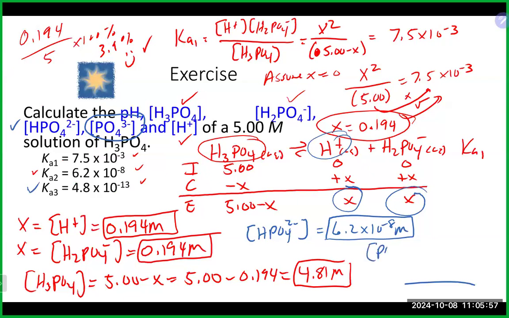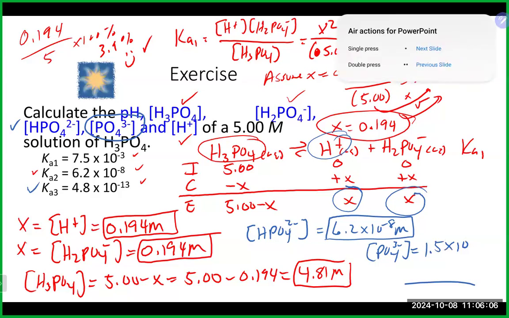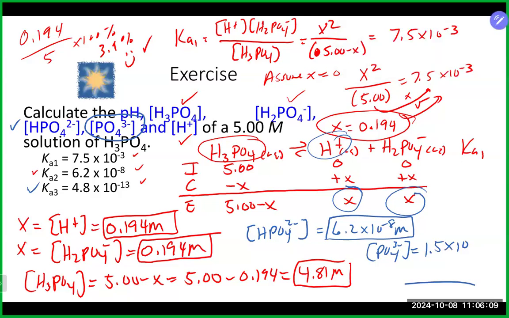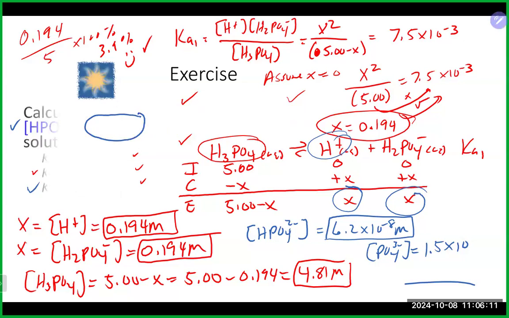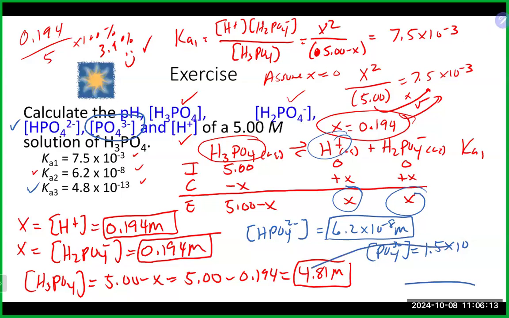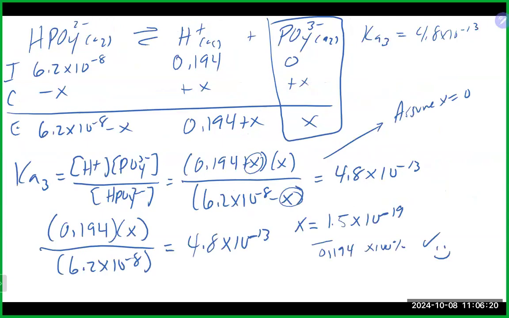Our phosphate would be 1.5 times 10 to the minus 19, I think it was. By the way, if we take this x value and put it back into here, did my concentrations change?